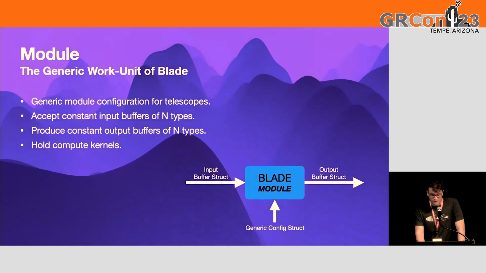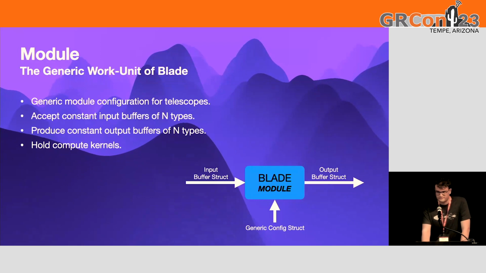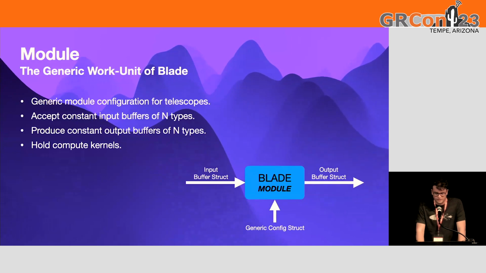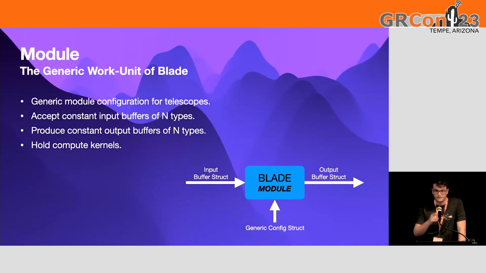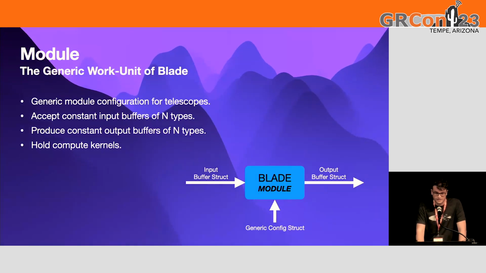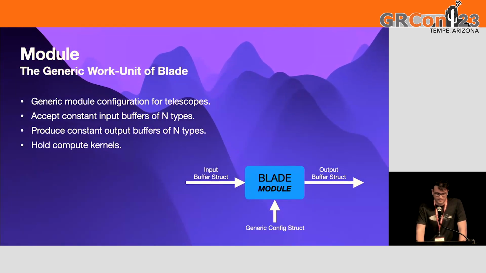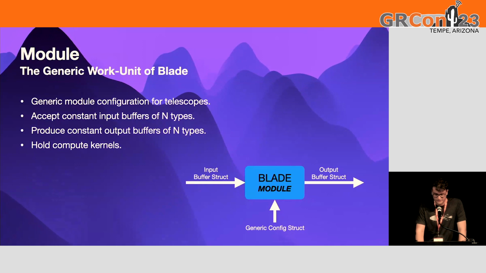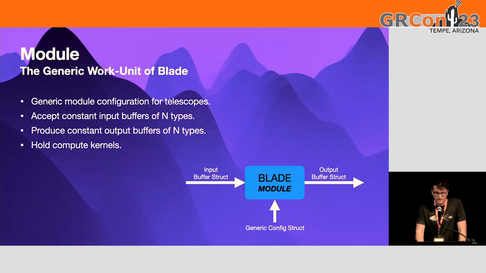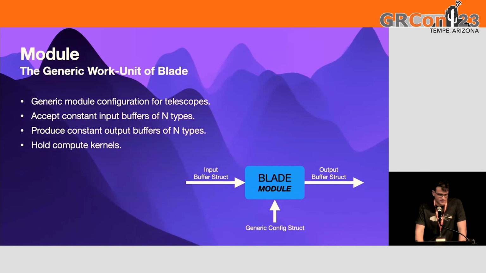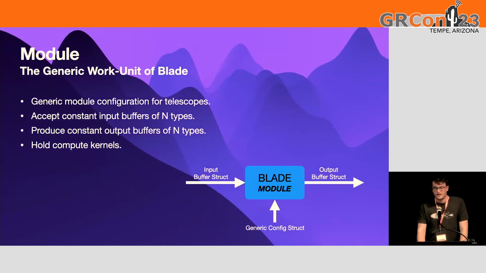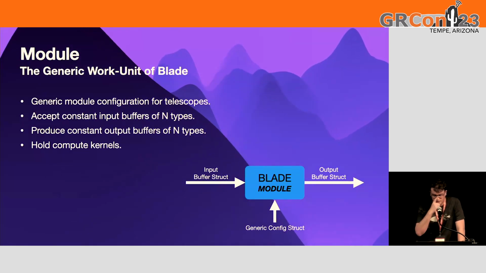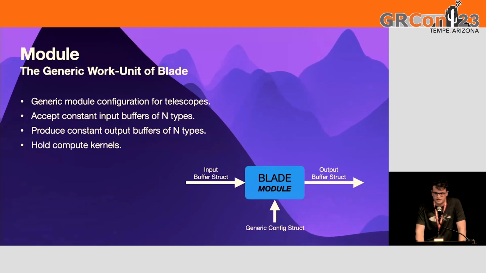Here is a Blade module, so you can see it's a very simple module interface. You have the input struct and output struct. These input and output structs will define your pointers for your raw data. And also you have the generic config struct. Blade was originally built to run on multiple telescopes, so you don't want to reconfigure your hardware or software every time you need to change your telescope.